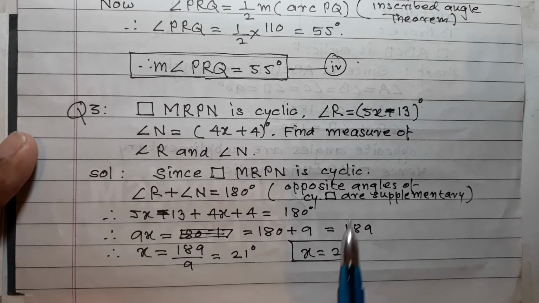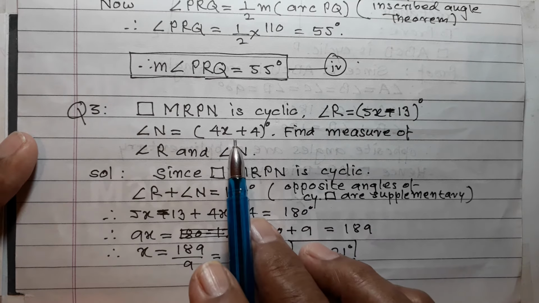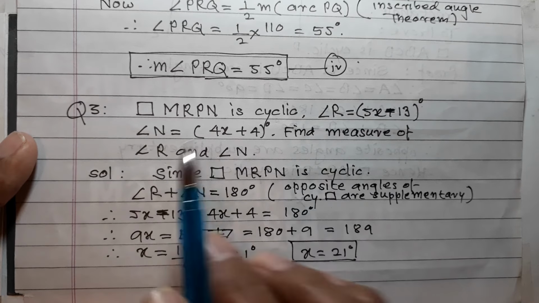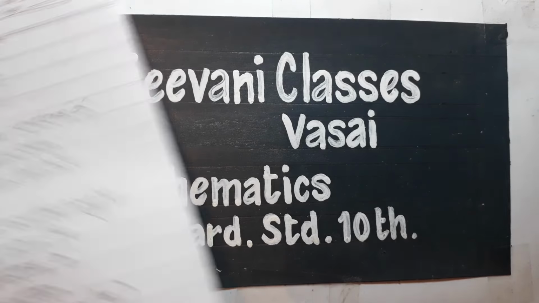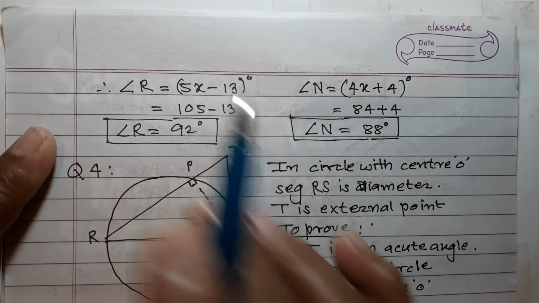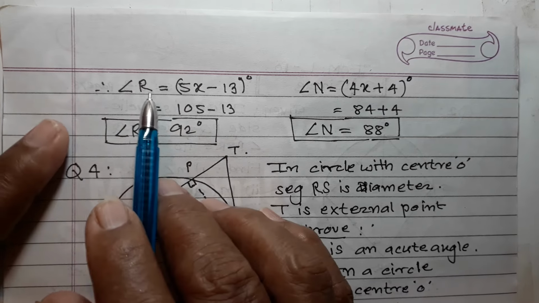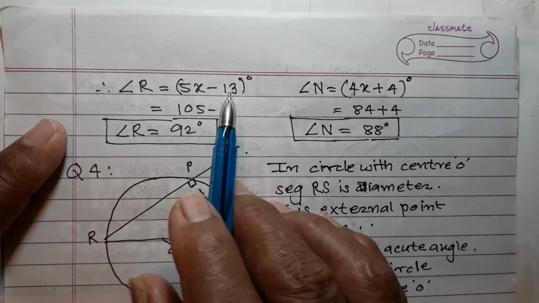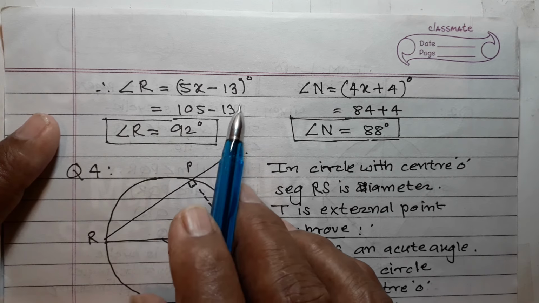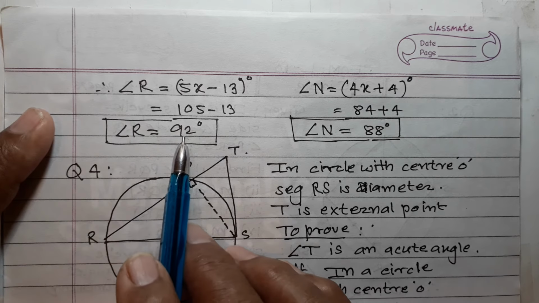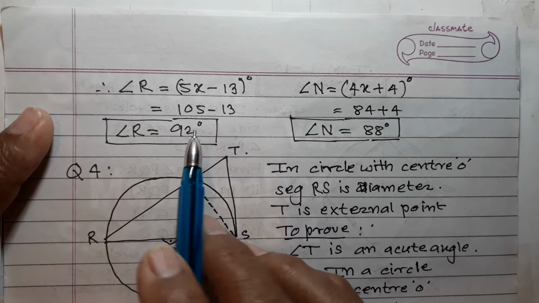So this you substitute here and here, and you will get angle R and N. Okay. And therefore angle R is equal to 5x minus 13, which is 105 minus 13, which is equal to 92 degrees.